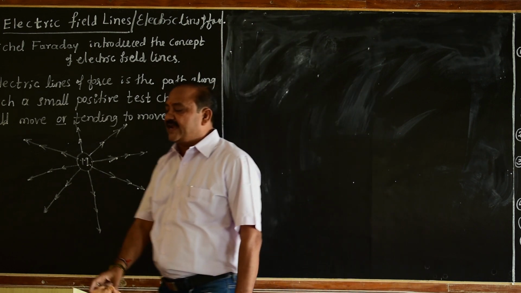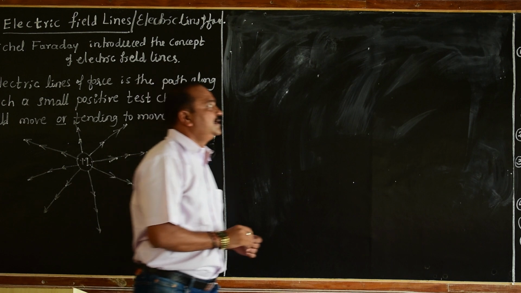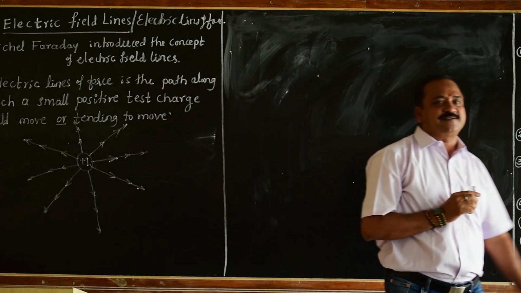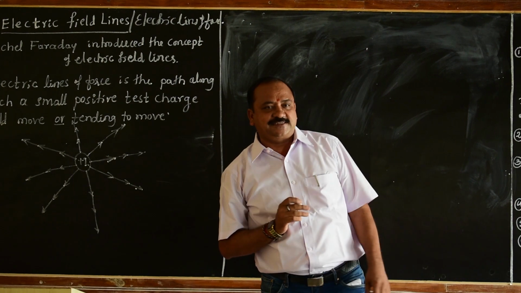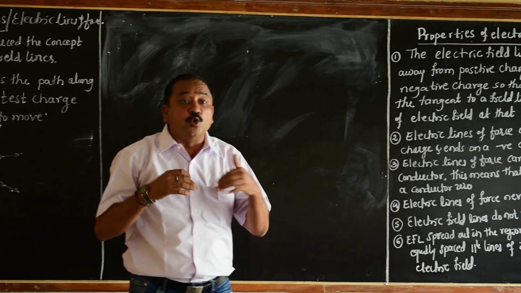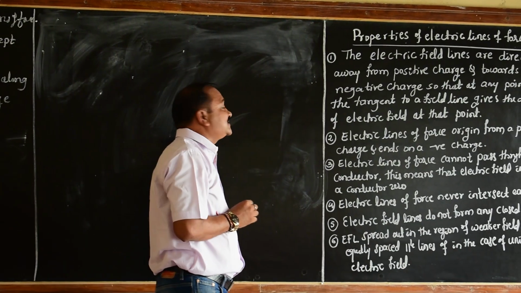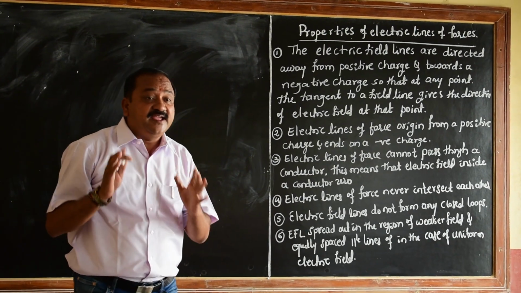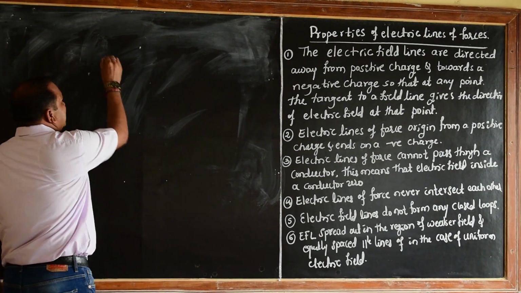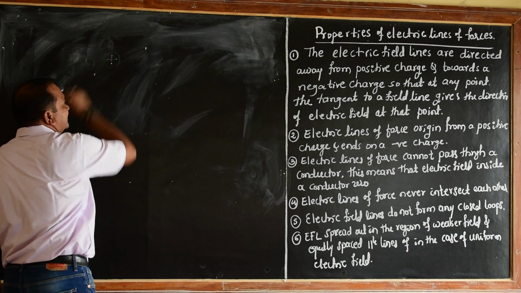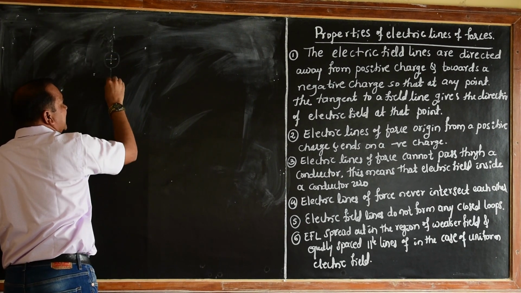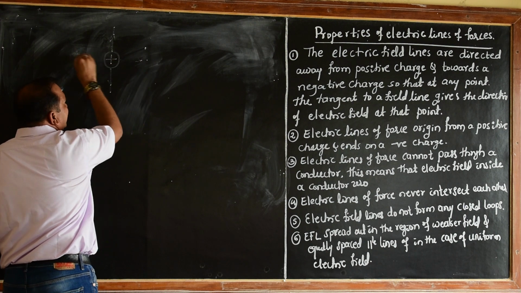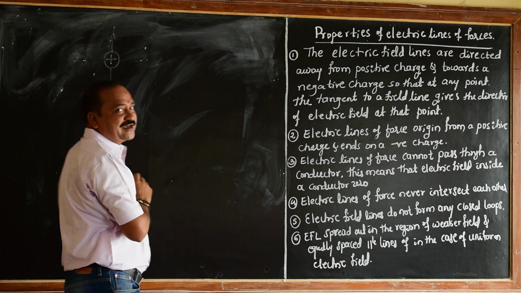See, these electric field lines are always directed away from the positive charge. They originate from the positive charge and terminate at the negative charge. For example, this is the positive charge. Electric lines of force originate from this positive charge and terminate at that negative charge.